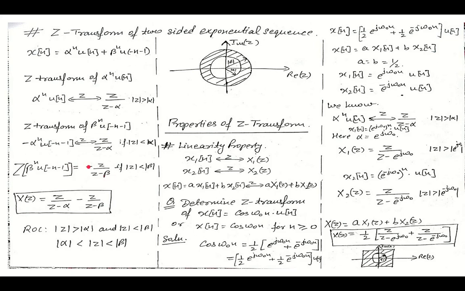Now here we say minus of z upon z minus beta because the previous example we saw was minus of alpha to the power n u of minus n minus 1. So there was a negative sign previously, but in this equation we haven't mentioned the negative sign outside, so we have to take that into consideration, and my z transform of beta to the power n u of minus n minus 1 will be minus z upon z minus beta if mod z is less than beta.